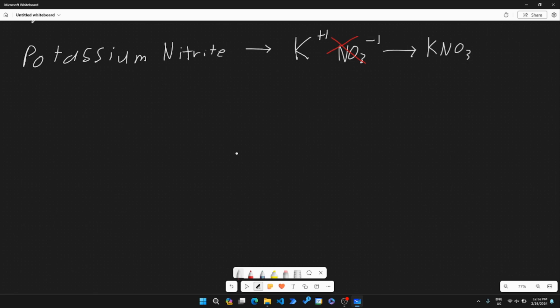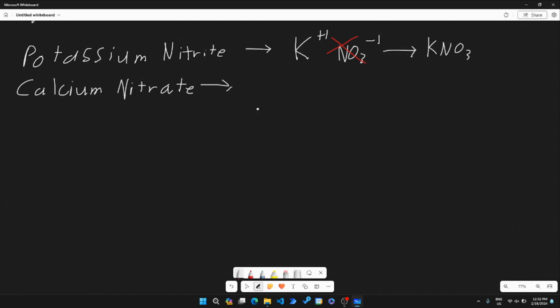Now, it does get a little bit harder when they have different charges. So, for example, if we have calcium nitrate instead, and you can see we have the -ite and the -ate from the polyatomic anions and their naming system. Calcium nitrate.